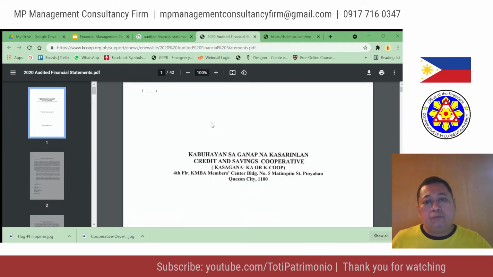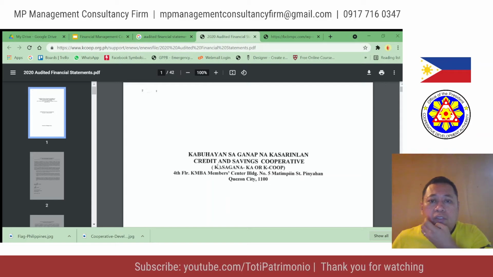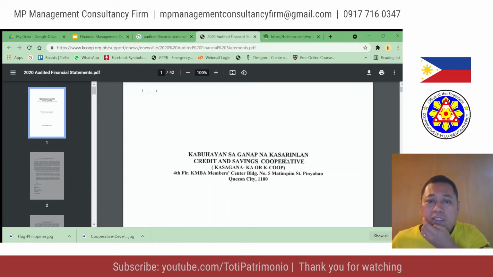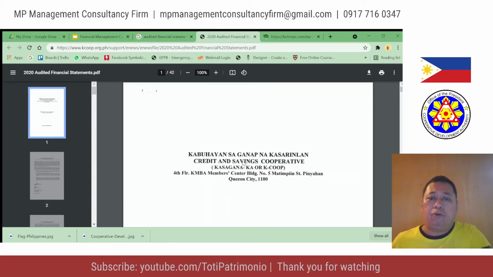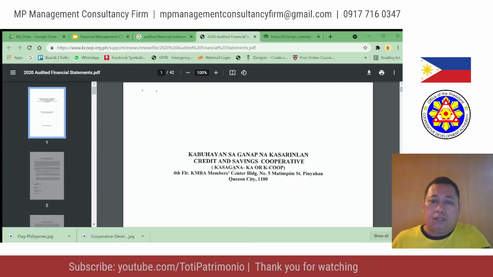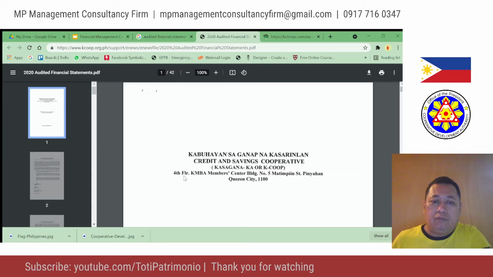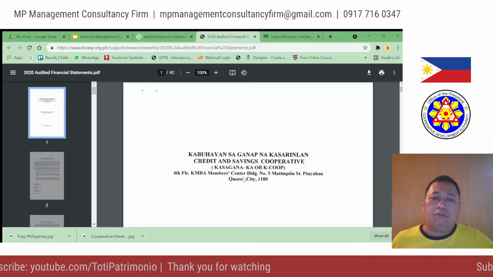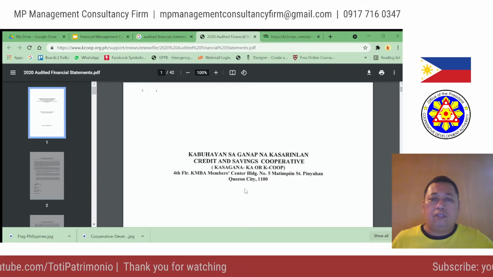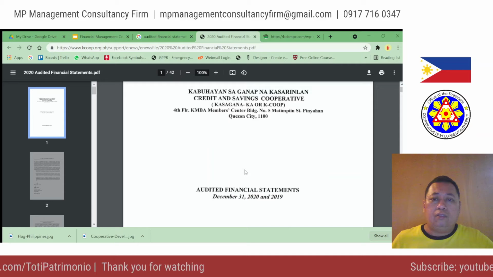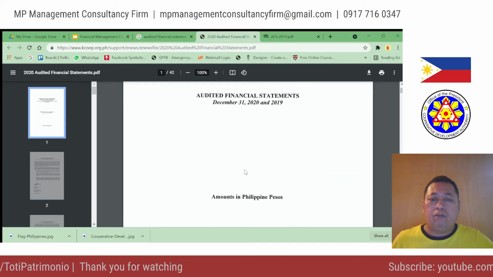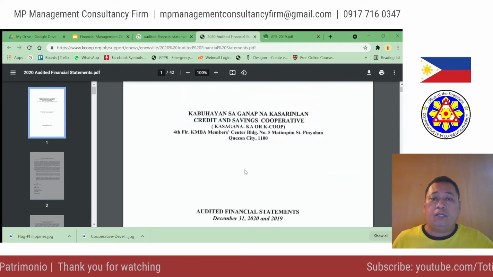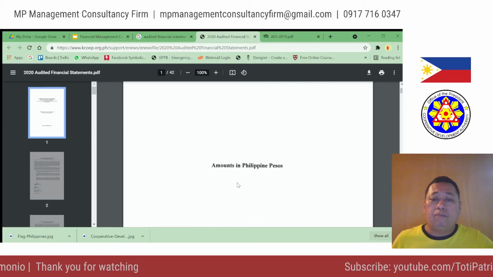So let's move to see the first one, which is Kabuhayan sa Ganap na Kasarinlan Credit and Savings Cooperative, or Kasagana Ka or K-Co-op. It's located on 4th floor, KMBA Central Building, number 5, Techavenue, Quezon City. So this is a sample of audited financial statements released for the Kasagana Ka.